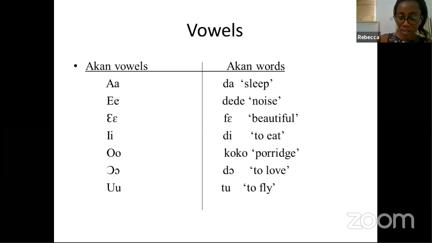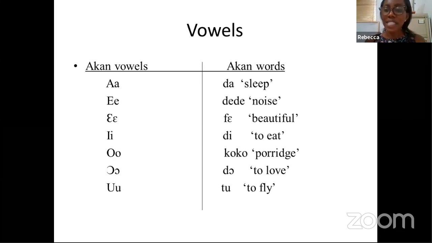Now, the o sound, which we saw in the word awesome, we see it in the word do, which means to love. And the u sound in tu, to fly. So we've learned about the basic vowel sounds in the language.